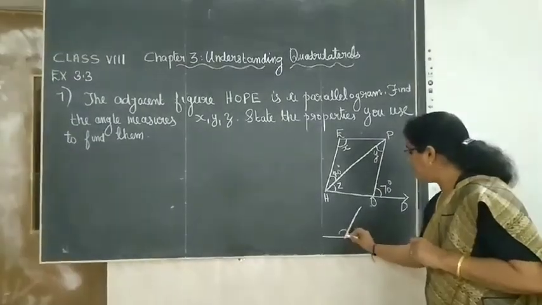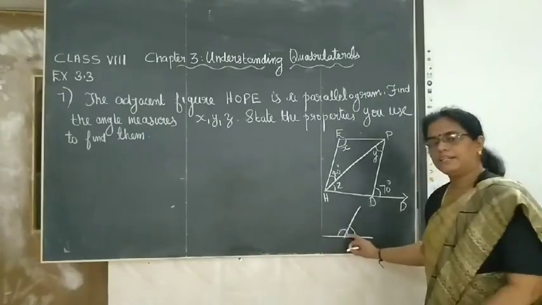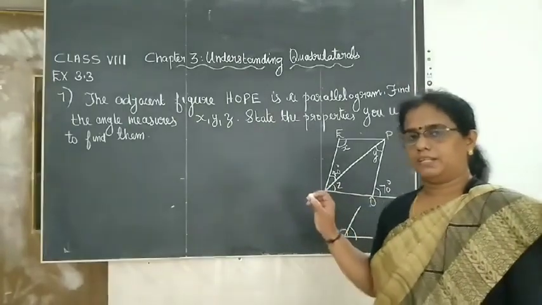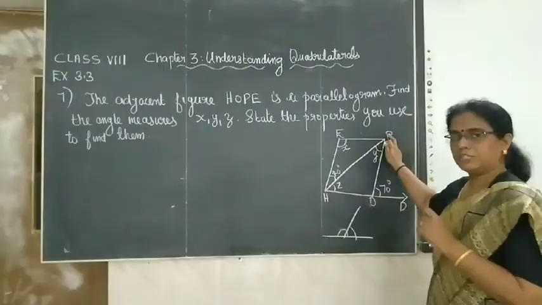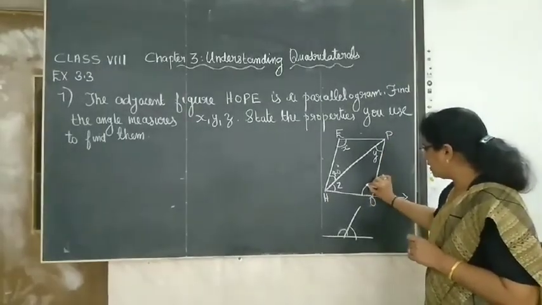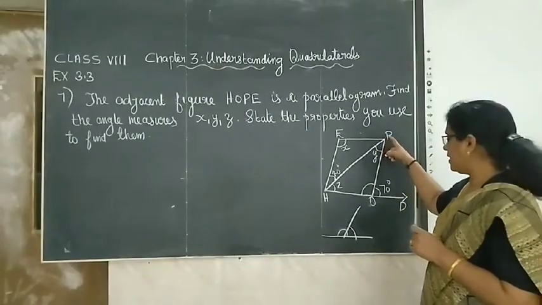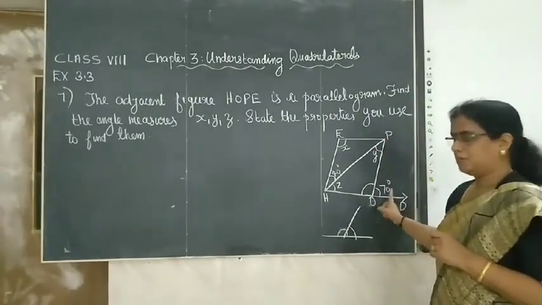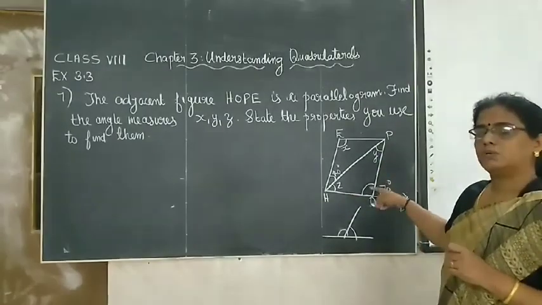Therefore the sum will be 180 degrees. I think all of you remember we studied this in 7th class. So angle HOP plus angle POD will be 180, or we can write angle HOP plus 70 degrees equal to 180.